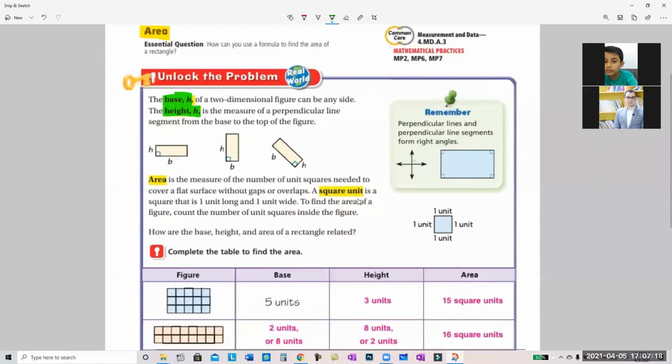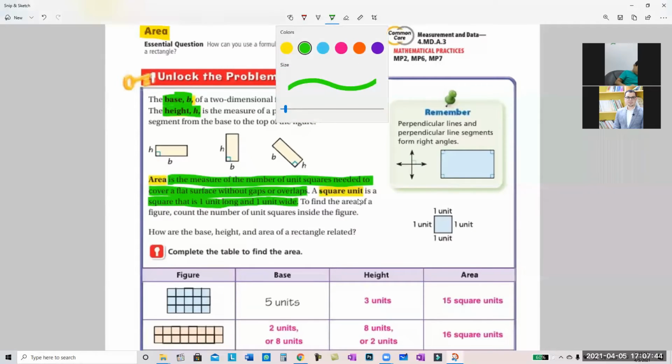As you see here, the area is the measure of the number of unit squares needed to cover a flat surface without gaps or overlaps. We're going to cover it with some square units. The square unit is a square that is 1 unit long and 1 unit wide.